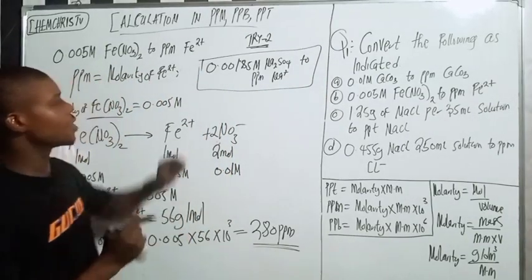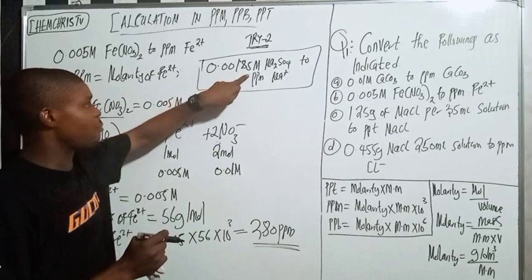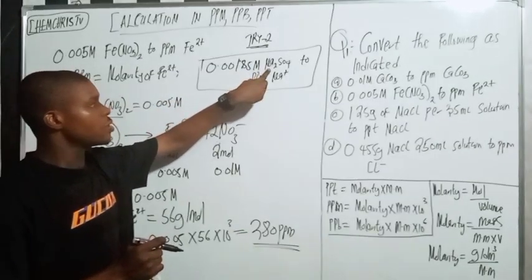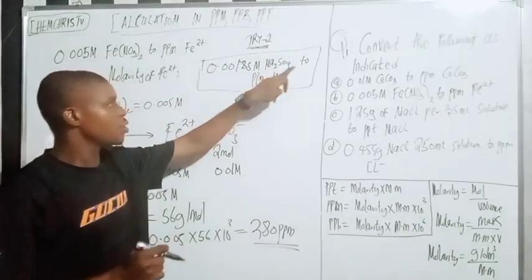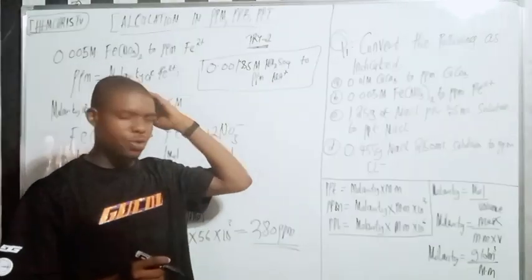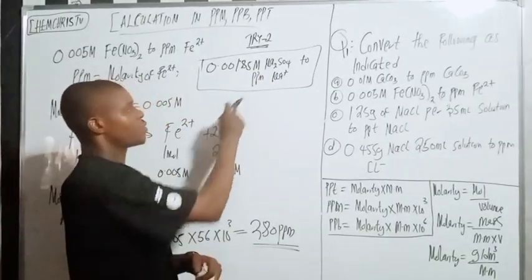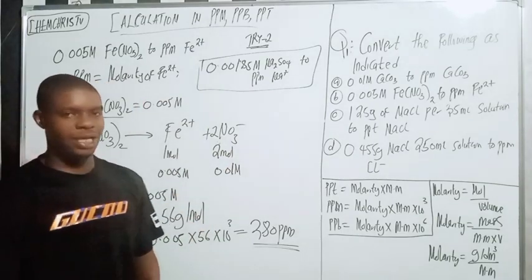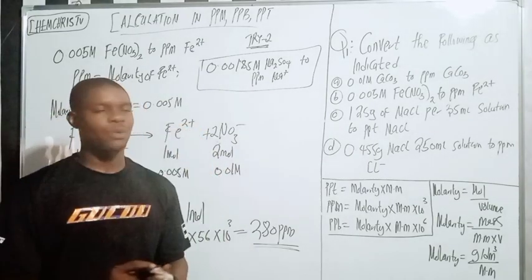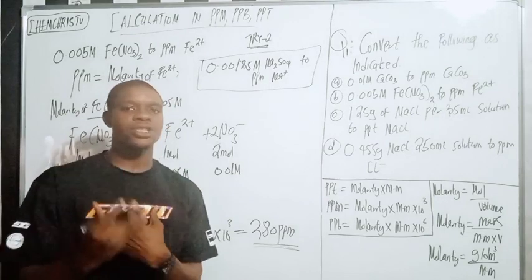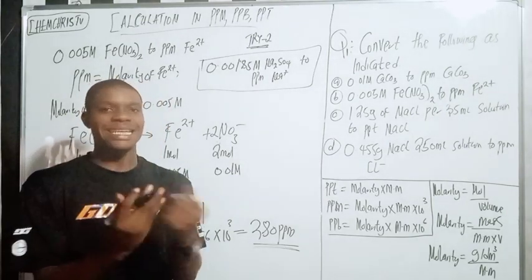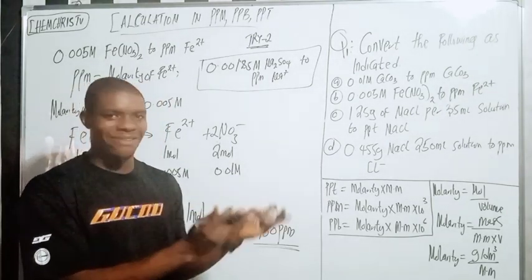So if you want the conversion, it is 0.00185 molarity sodium sulfate to ppm of sodium ion. Go ahead and pause the video, try to solve it, and leave your answer in the comment section. This is just a way to test yourself if you truly understood what I've done.